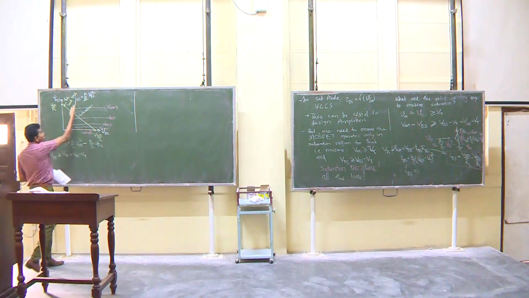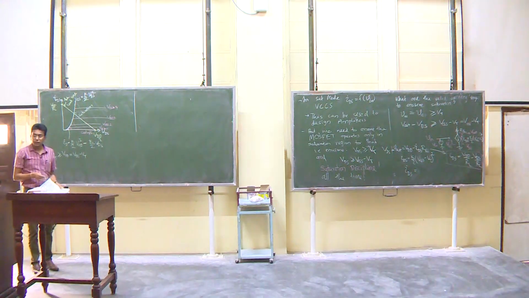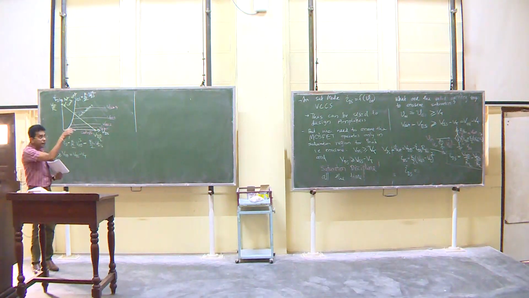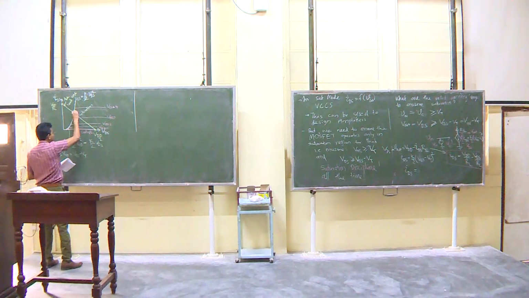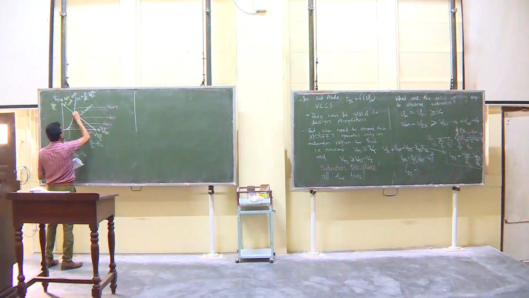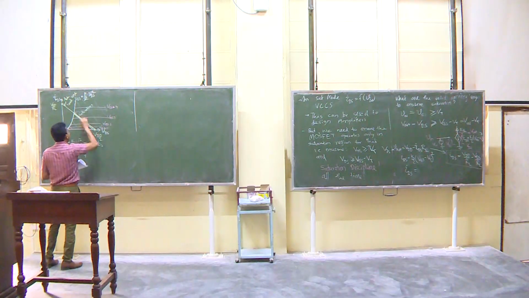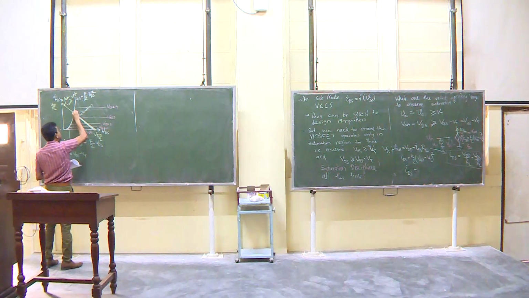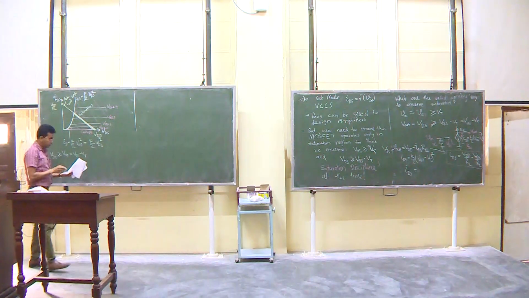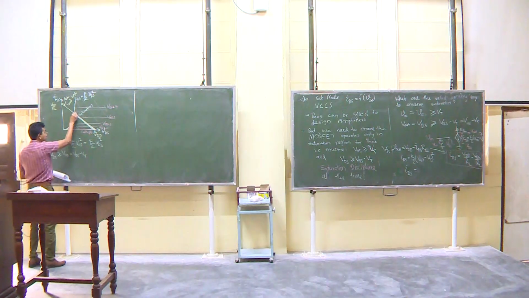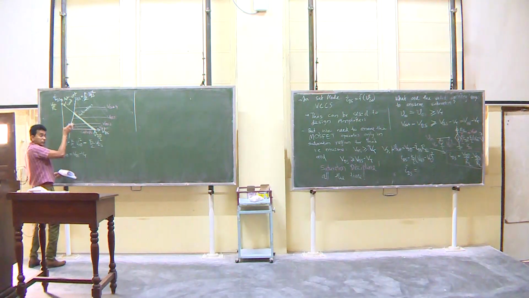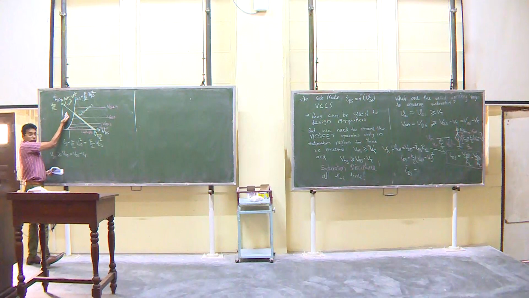So though we have all this region to operate, it actually operates, when you connect it in that circuit, only in this small region, right? It has to be in saturation. So therefore, it has to stop here. It starts with cutoff, that point is A. It should not go into the triode region.